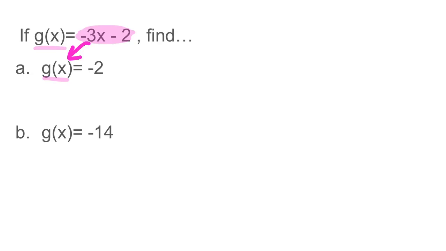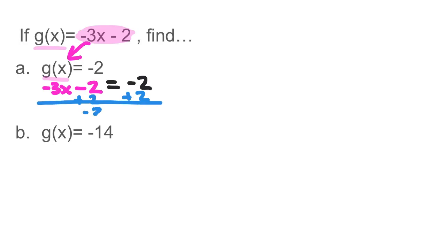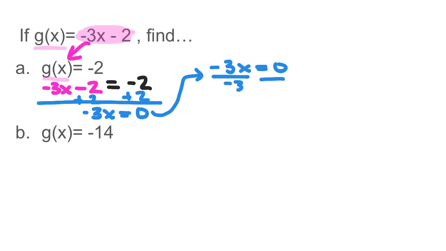So what I would do is I'd rewrite this as negative 3x minus 2, and it's still equal to negative 2. Now to solve, to get x by itself, I'd first add 2 to both sides. So you'd have negative 3x equals 0. And then to finish solving, you divide both sides by negative 3. So you'd have x is equal to 0.